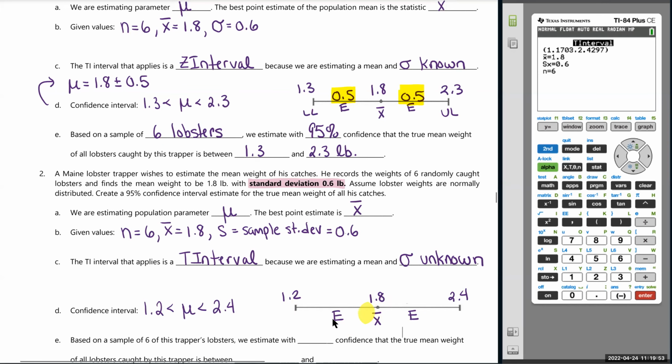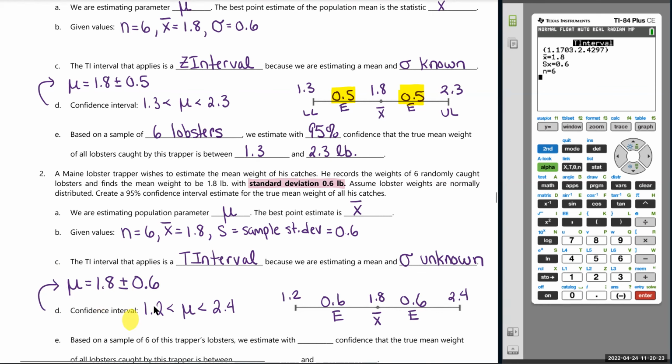Now this difference is 0.6 pounds. So let me write this in our second form. We could say that we believe that the mean is 1.8 pounds, but now we've lost some accuracy because we believe this is true, accurate to within 0.6 pounds.